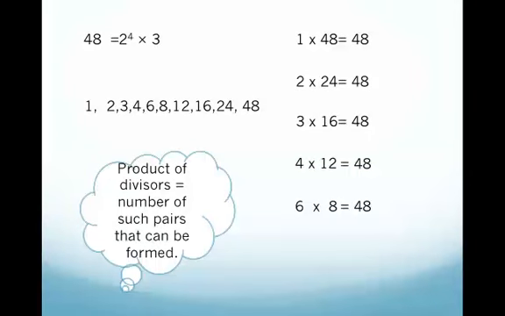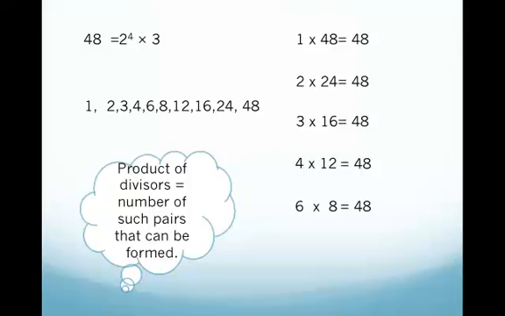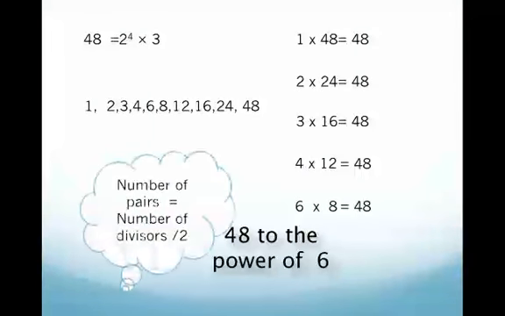So the product of divisors is dependent on the number of such pairs that can be formed. If you multiply 1 into 2 into 3 into 4, 6, 8, 12, 16, 24 and 48, you will get the answer as 48 to the power of 5.